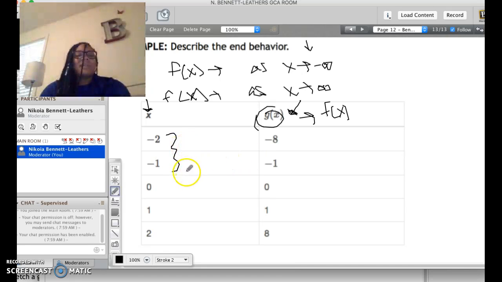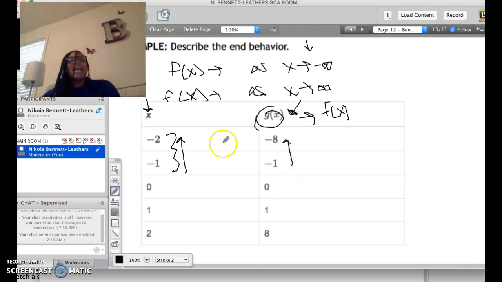And I notice as my negative values get bigger and bigger on the x-axis, f of x gets smaller and smaller, right? So that lets me know that f of x is going down because it's getting smaller and smaller. So I know f of x is going to negative infinity.